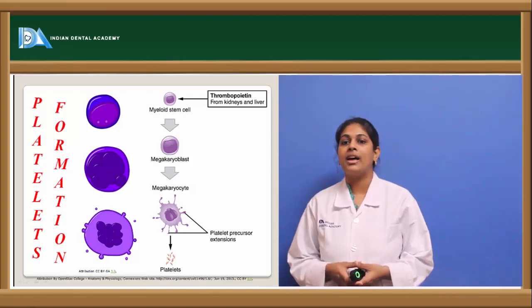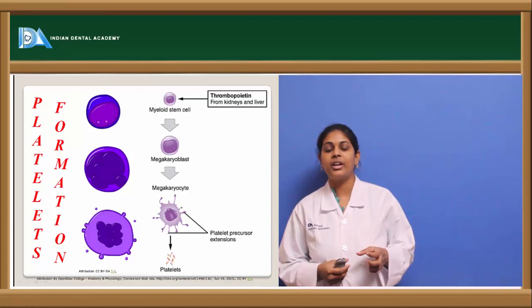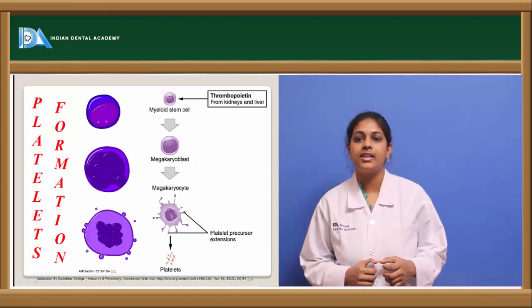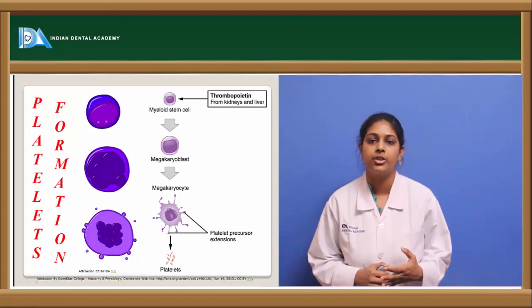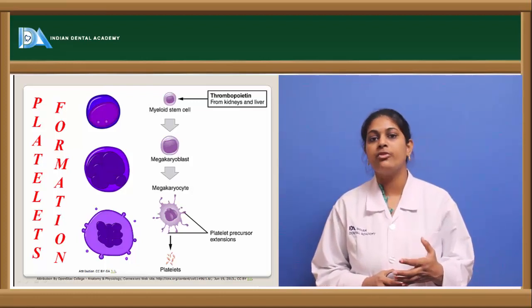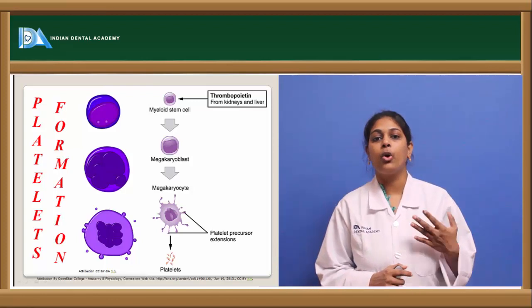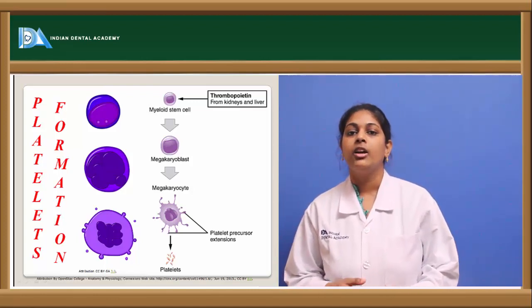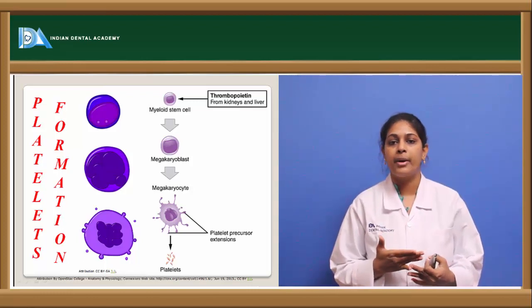This megakaryoblast is a cell which appears oval in shape and has a larger, centrally placed nucleus, and it is further converted into a promegakaryocyte. This promegakaryocyte is produced because of the division of the nuclear material in the megakaryoblast.